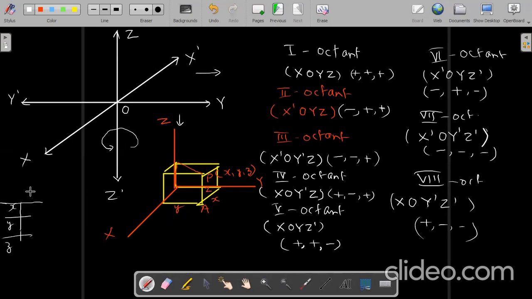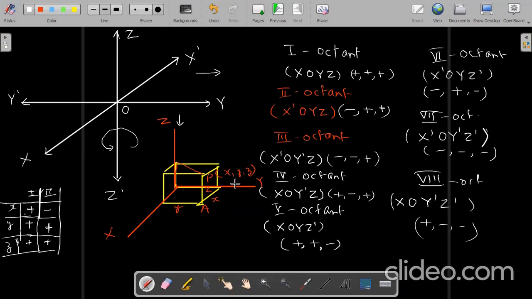In the first octant, plus, plus, plus. You will find the table in your textbook also, but I think there is one mistake or two in the signs, so don't follow that one. You should remember this one: minus, plus, plus. Like this you can make it for all the octants.